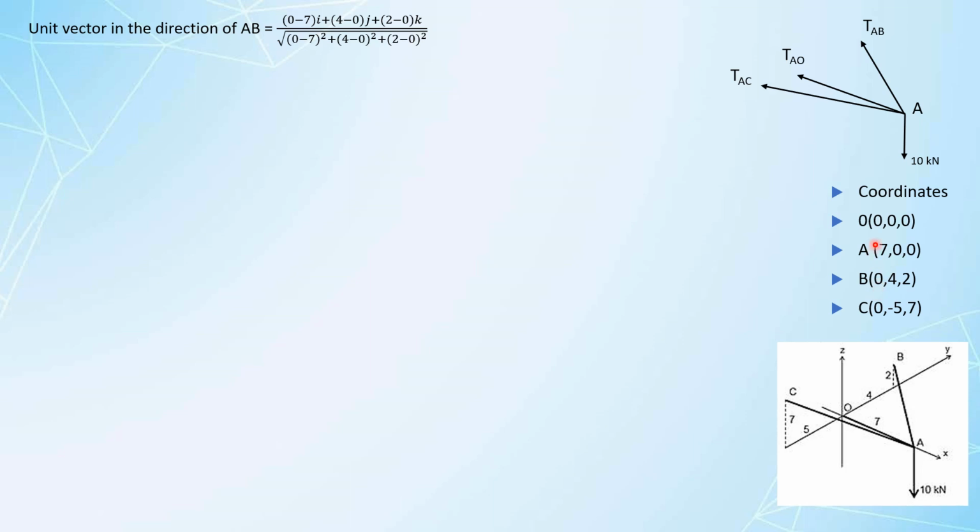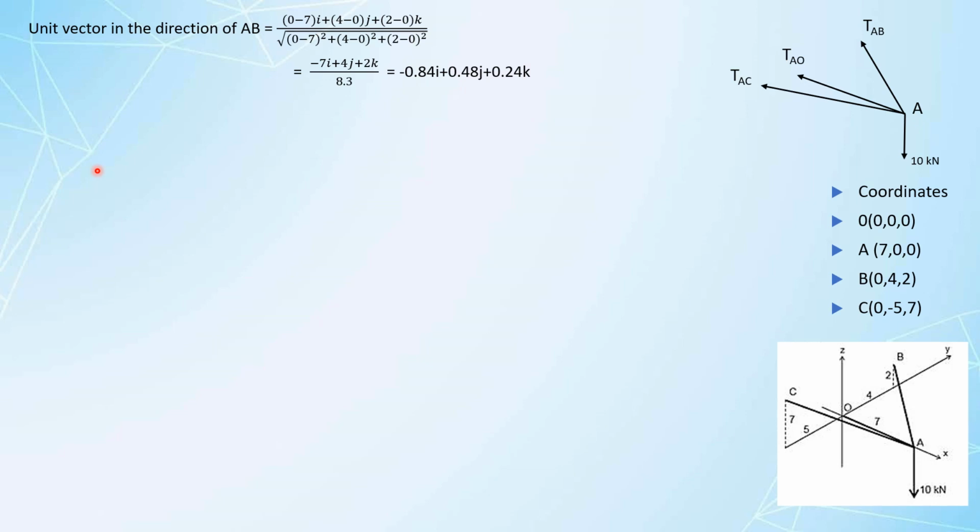So 0 minus 7 is the first term. For the second term, it is 4 minus 0. For the third term, it is 2 minus 0. You got how to write the unit vector in the direction of AB. It is acting from A to B, so it is B minus A. So you got the unit vector.